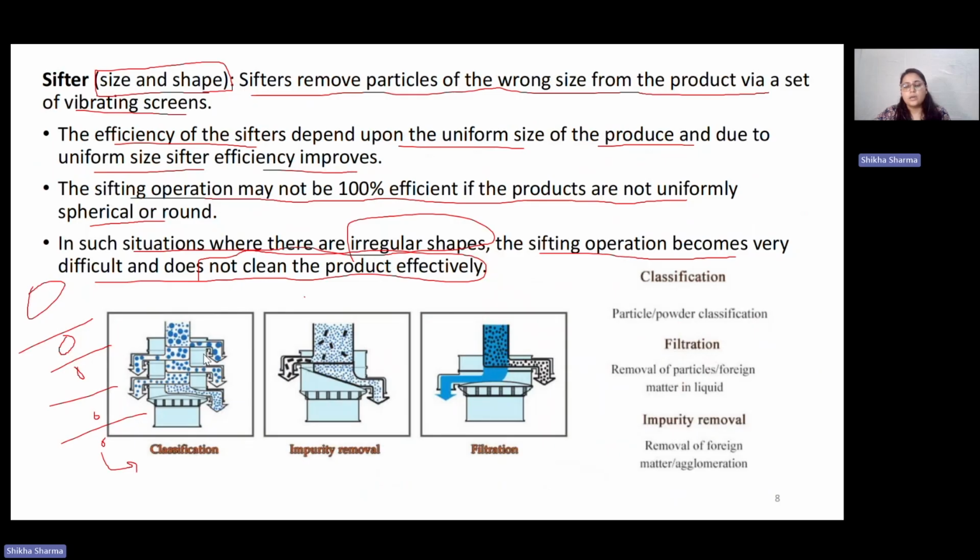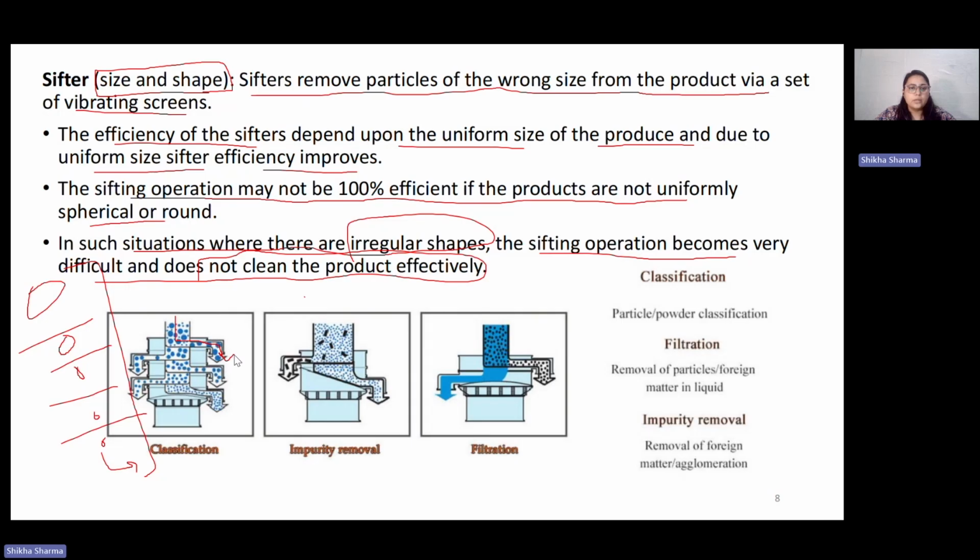And this sifting process is also used for the classification of particles or powders. As we discussed here, there can be a series of sieves, one above another, and the different particle sizes will be separated.